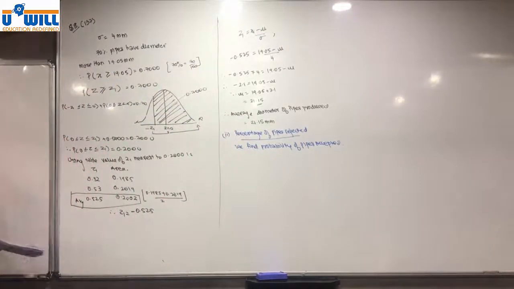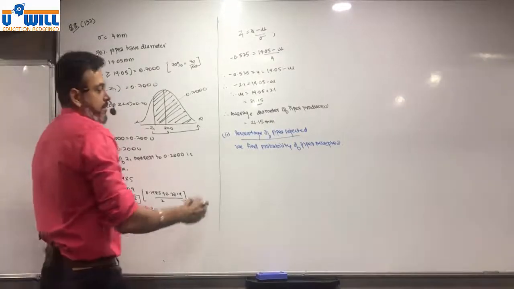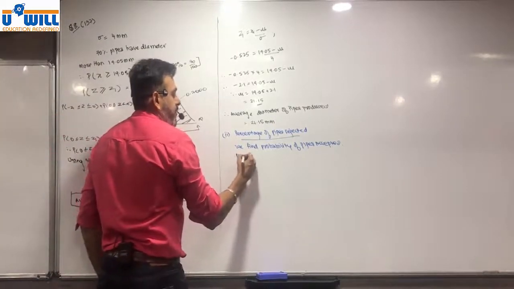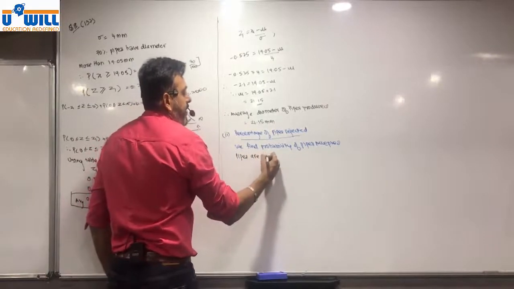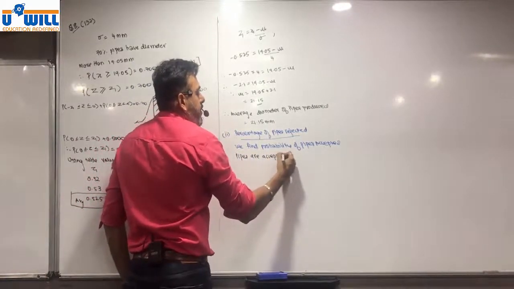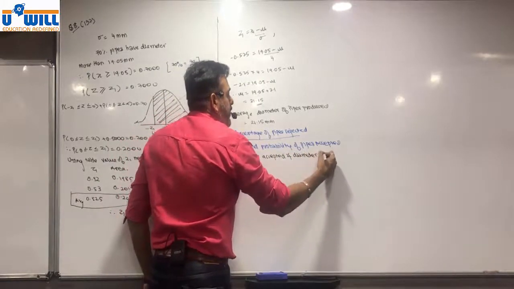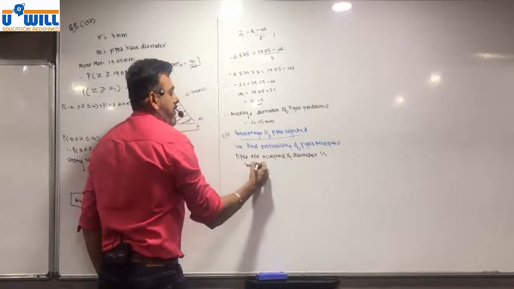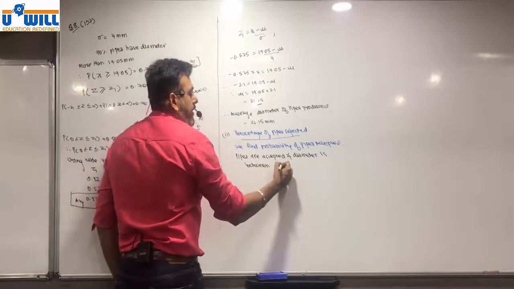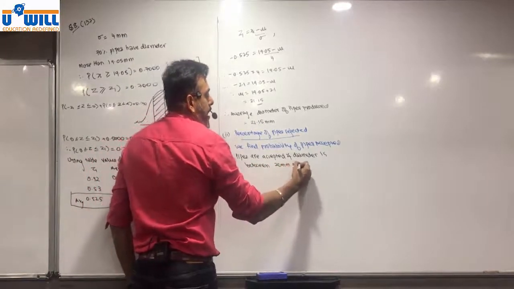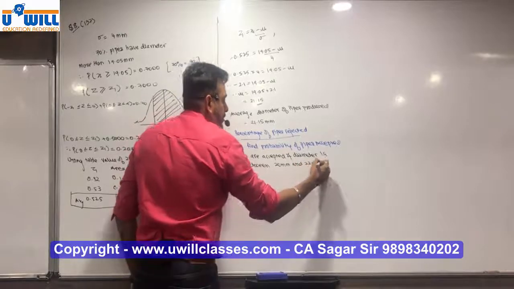There are different ways of doing this. I'll follow the method given in the textbook. Pipes are accepted if diameter is between 20 mm and 22 mm.